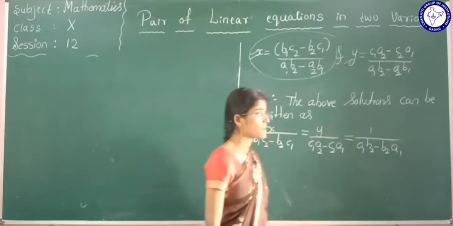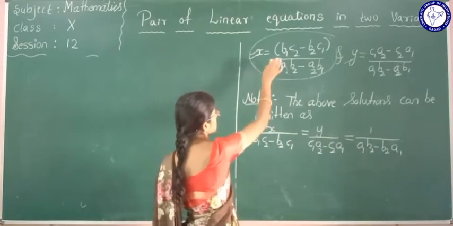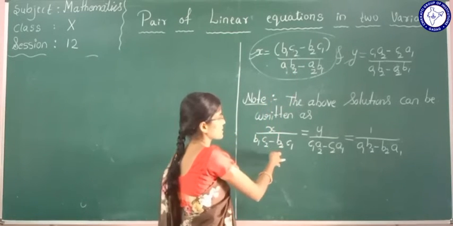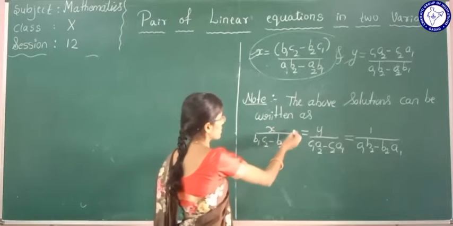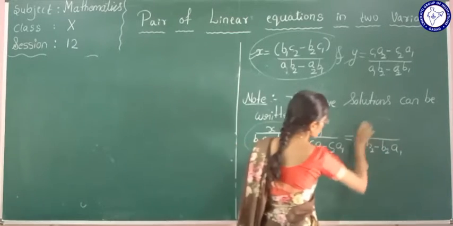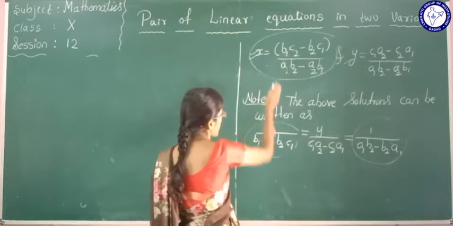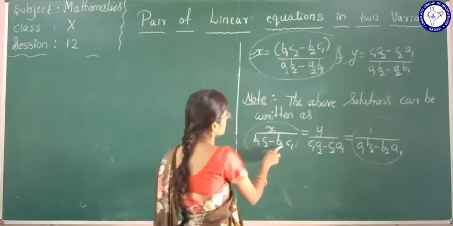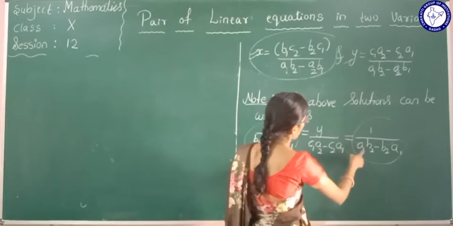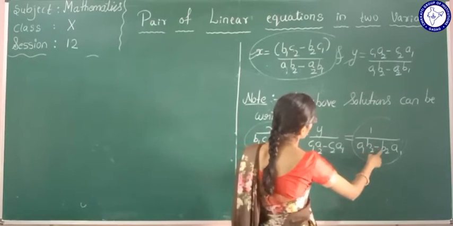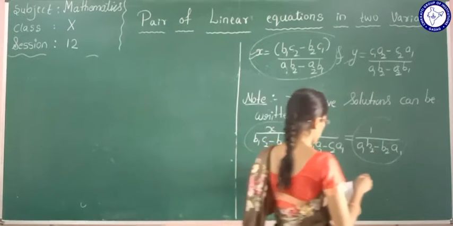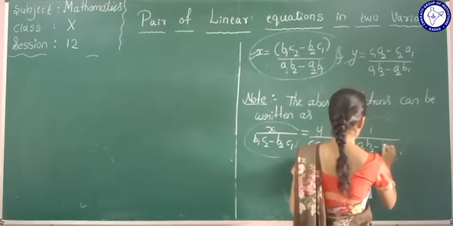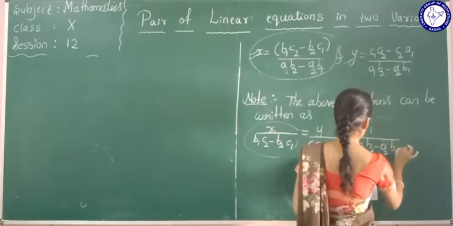Now see students, these solutions of x and y, whatever I have written, can be written like this. Why? See here, if we compare this and this, definitely we are going to get this value only. See here, x is equal to b1 c2 minus b2 c1 divided by a1 b2 minus a2 b1.